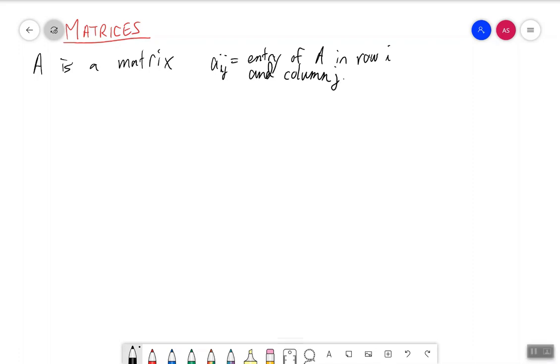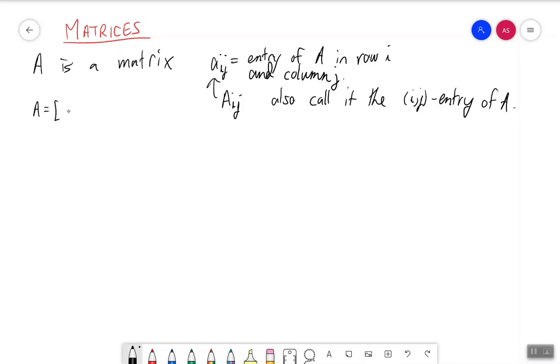I'll sometimes also write this as aij, and we also call it the ij entry of A. Sometimes we have a formula that will give us each entry of the matrix, and when we do that, we will often write something like A equals [aij].